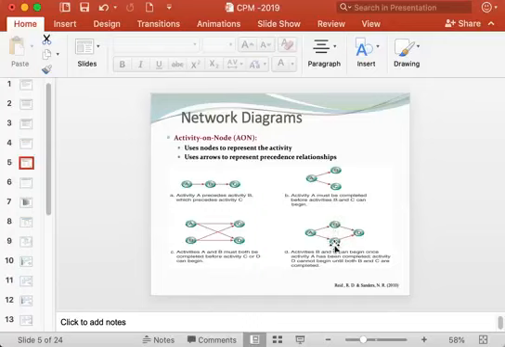So if the project manager wants, B and C can be started at the same time. Then after completing B and C both, only then can activity D start. So that is what this network means.